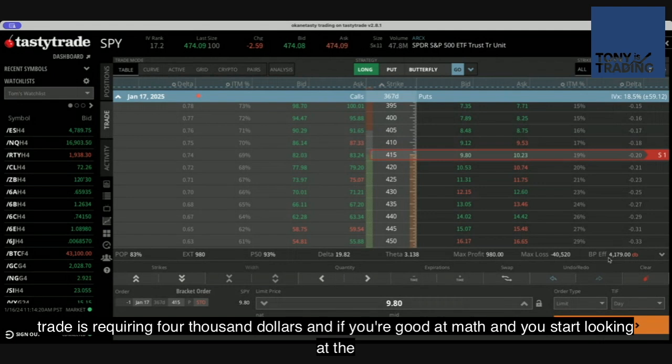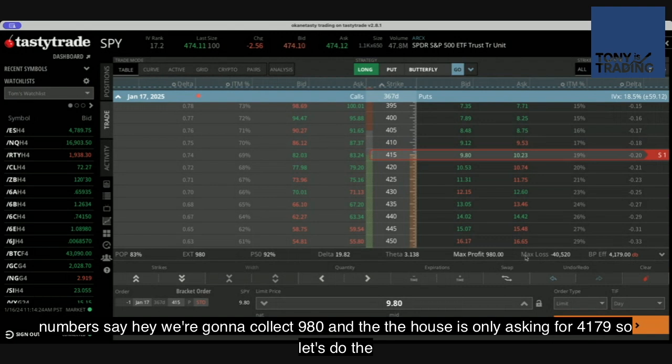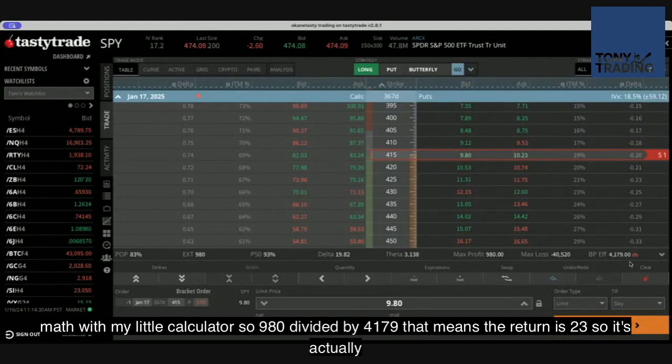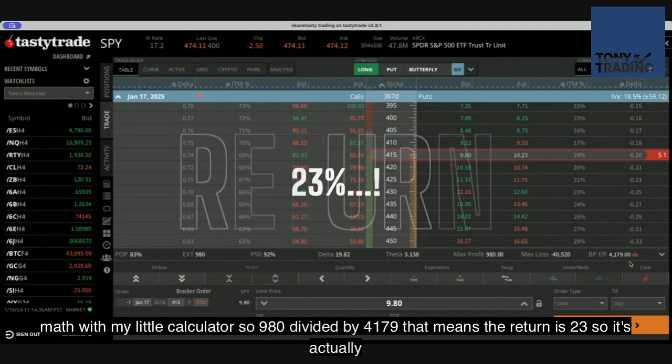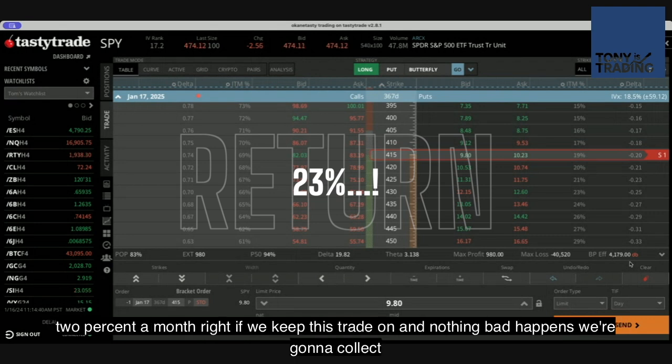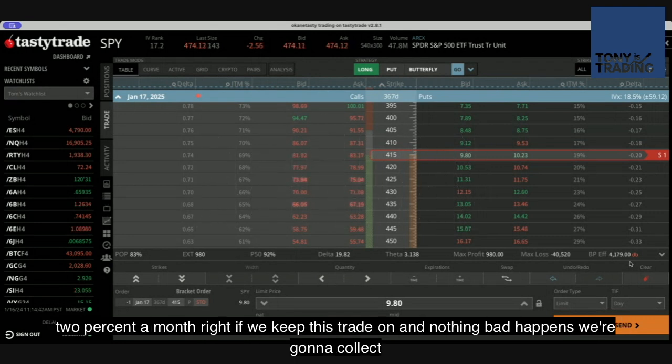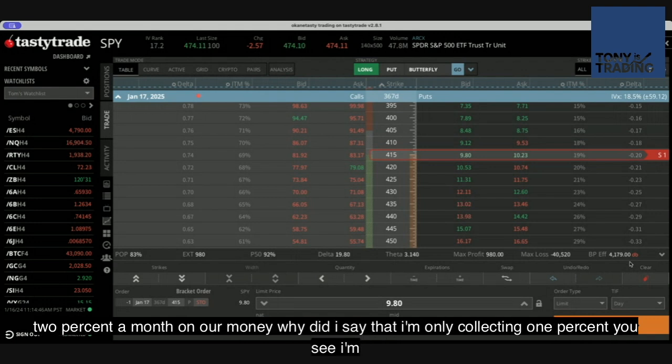And if you're good at math, and you start looking at the numbers, you say, hey, we're going to collect 980, and the house is only asking for 4,179. So let's do the math with my little calculator. 980 divided by 4,179. That means the return is 23%. So it's actually 2% a month, right? If we keep this trade on and nothing bad happens, we're going to collect 2% a month on our money.